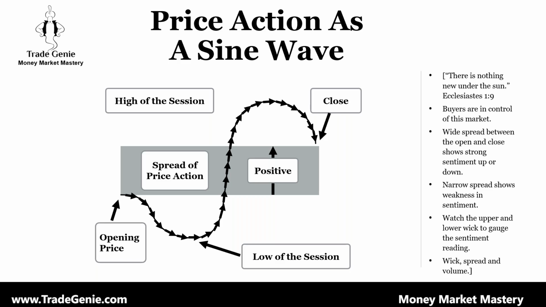And they are moving in this pattern. So this is the opening price, and then it goes and makes some low, and then it goes up, and then it closes here, and this is positive because this close is higher than this, so it creates this sine wave, and we call it bullish.